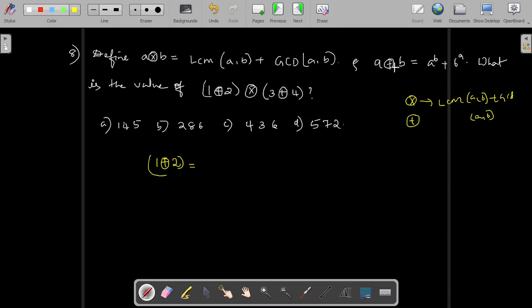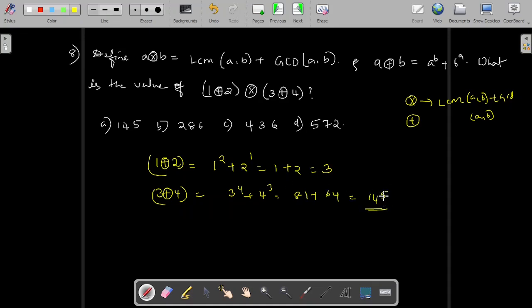Here A plus B equal to A power B plus B power A. So 1 power 2 plus 2 to the power 1, which is equal to 1 plus 2, that is 3. Similarly, you evaluate 3 plus 4, this is equal to, as per this definition, 3 power 4 plus 4 to the power 3. 3 to the power 4 is 81 plus 4 to the power 3 is 64, which is equal to 145.